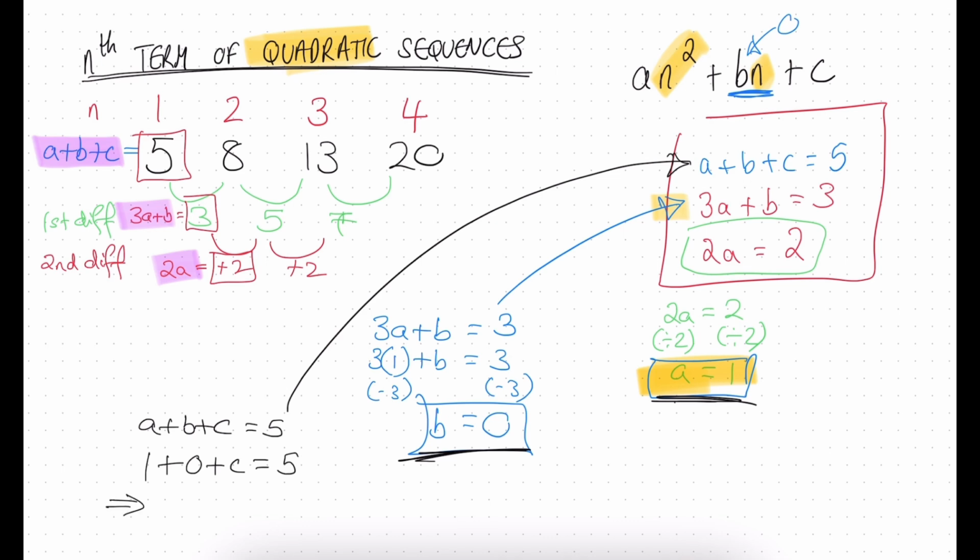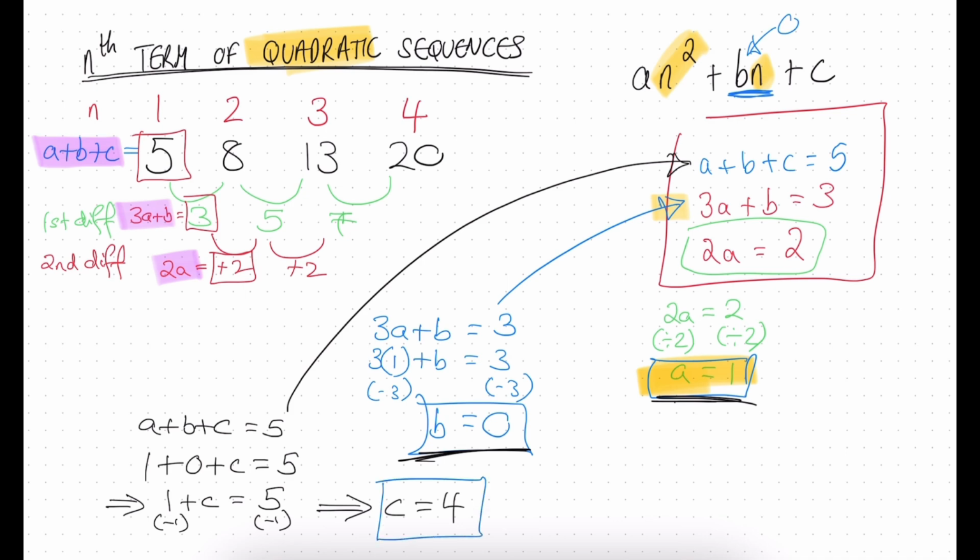We can simplify that to 1 plus c equals 5, which leaves you with, if we subtract the 1 from both sides, c equals 4. So we've boxed a equals 1, b equals 0, c equals 4.